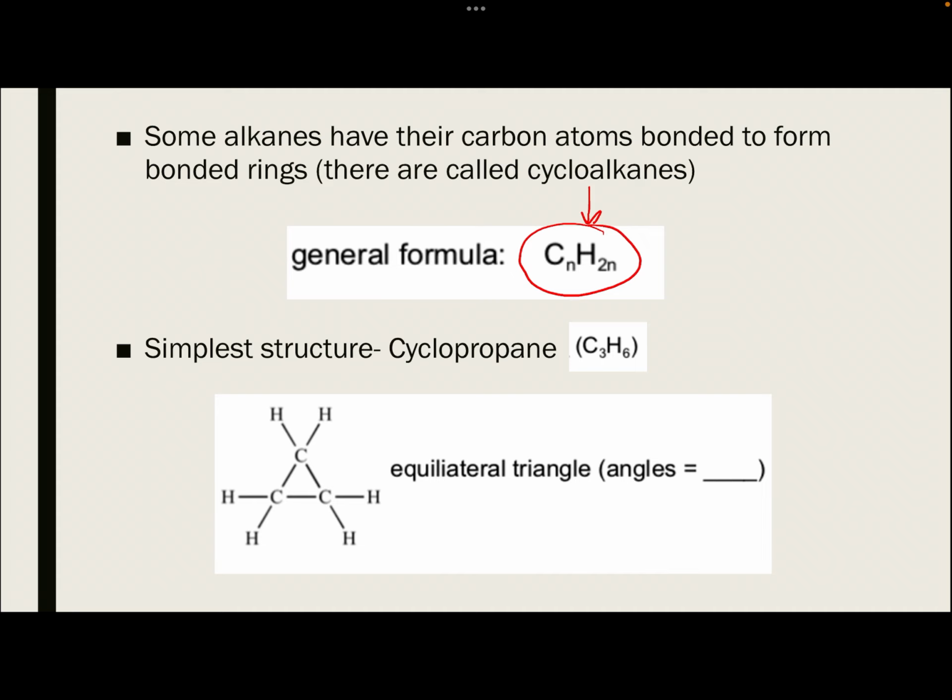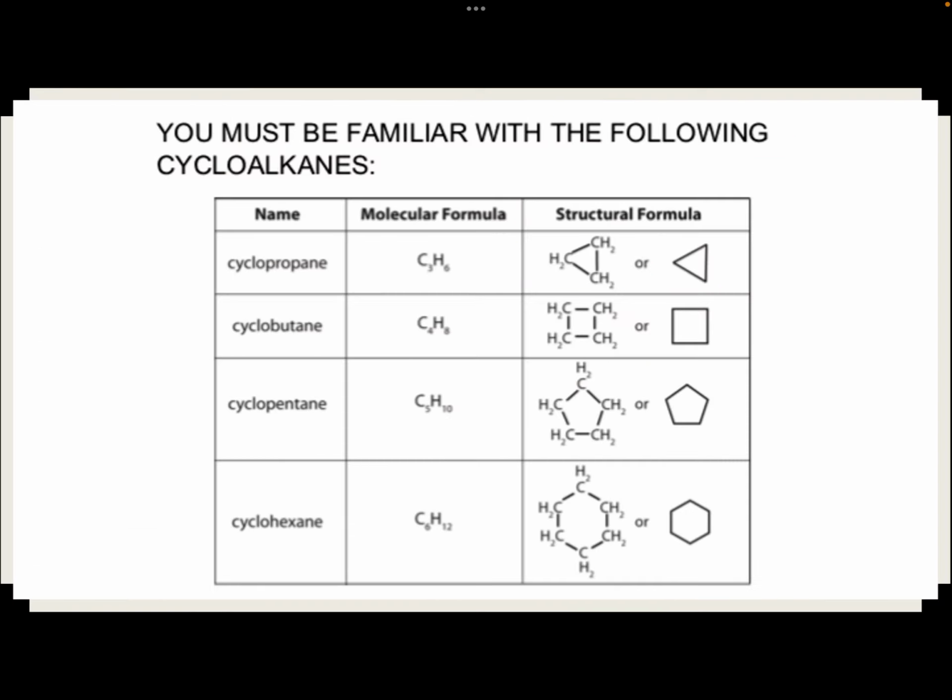If we look at it as an equilateral triangle, the angles are all equal to 60 degrees, and if we times that by 3, we know it's 180. And that is why it's called cyclo, because it all combines together and attaches.